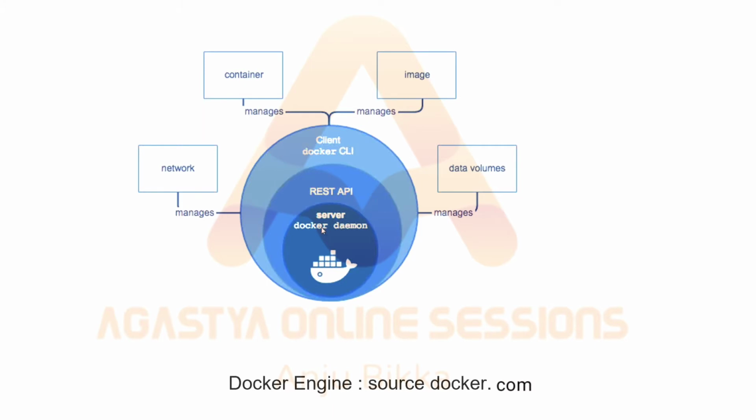Let's discuss Docker engine, one of the main core components of Docker. Docker engine is a client-server based application with these three elements: Docker daemon, REST API, and client CLI. The Docker daemon server is a continuously running process.